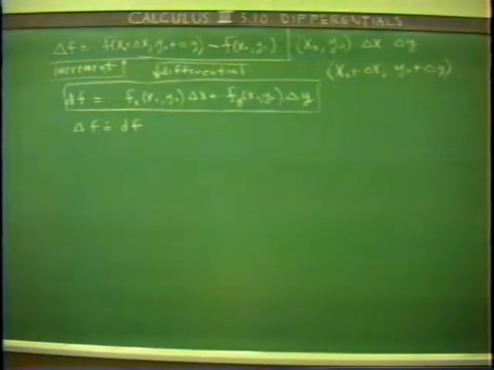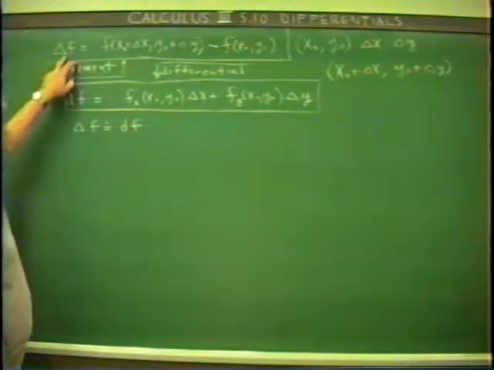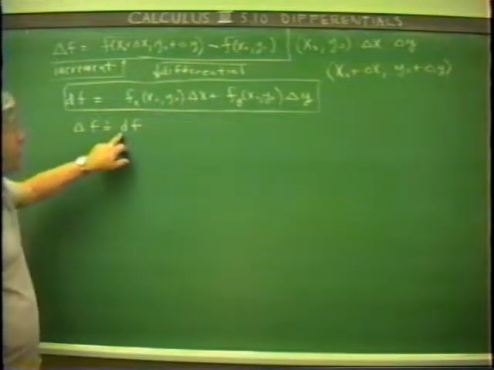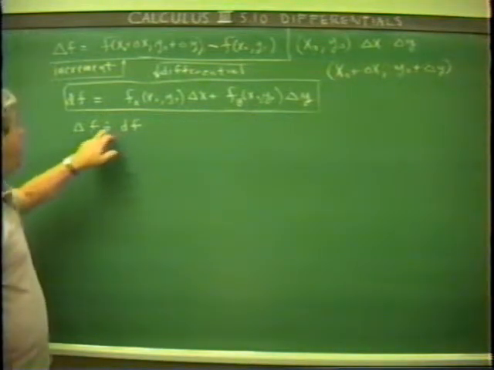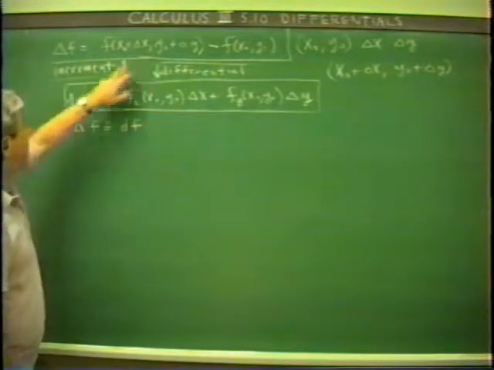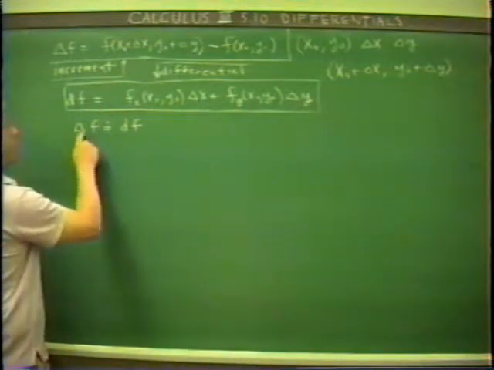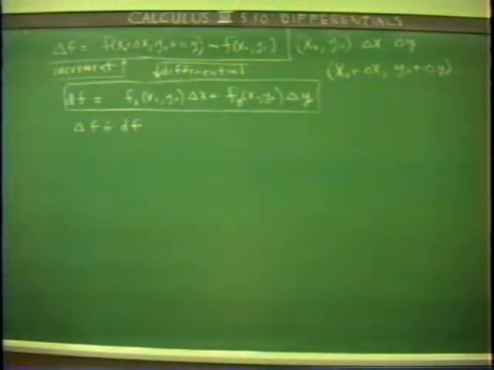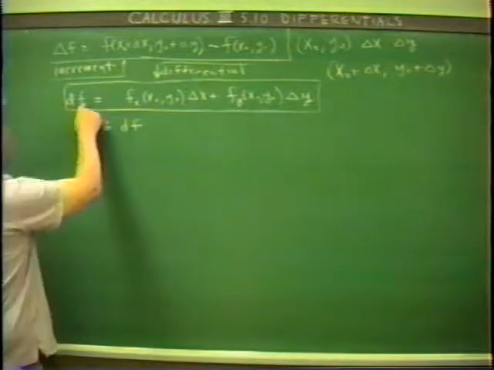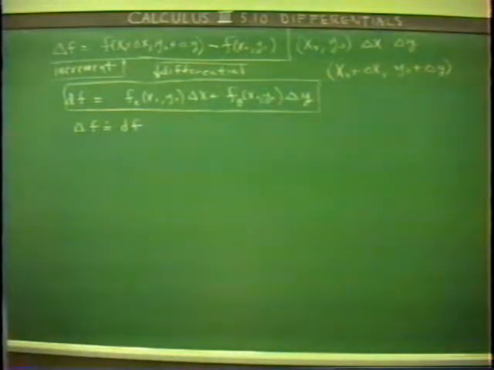One of them is this: the delta f is approximately the same as df. So if you want to compute the change in f, you can usually approximate this by df. In fact, it is equal to it in the limit. In the limit as delta x and delta y go to 0, these tend to be very close approximations to each other.